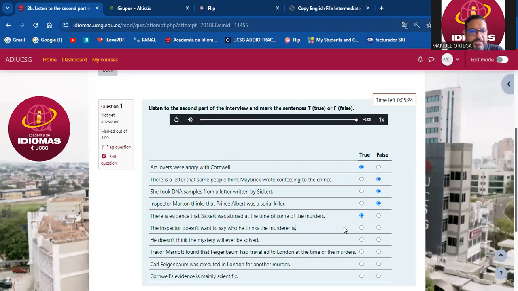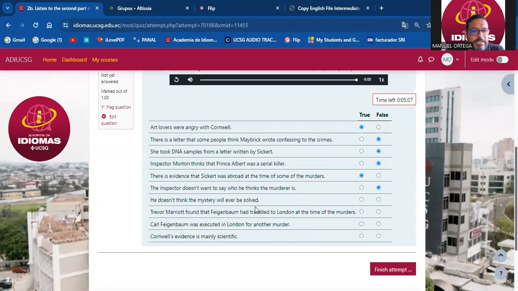The inspector doesn't want to say who he thinks the murderer is. That is false. He doesn't want to say because he said he doesn't know. Yep. So it's not like he doesn't want to talk about it. No, actually he has no idea. He doesn't think the mystery will ever be solved. No, he trusts in the police, he trusts in the technology as it appears.